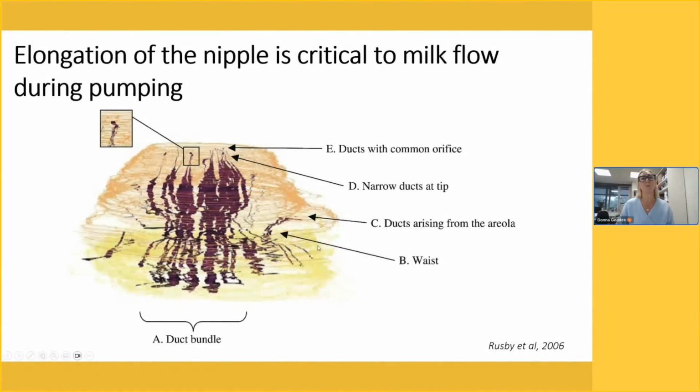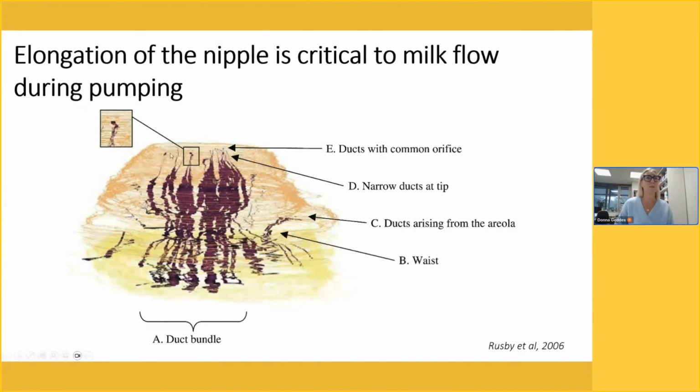So she calls this the waist because it's a narrowing, and then the milk ducts course into the nipple, and you can see they're all concertinaed up like a piano accordion. And then we have distally, as we're heading towards the tip of the nipple, very narrow ducts to restrict flow and keep the milk in.